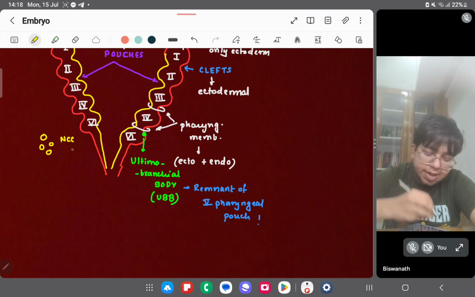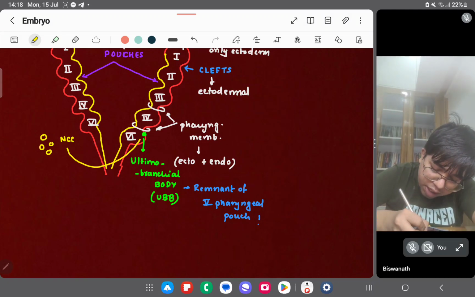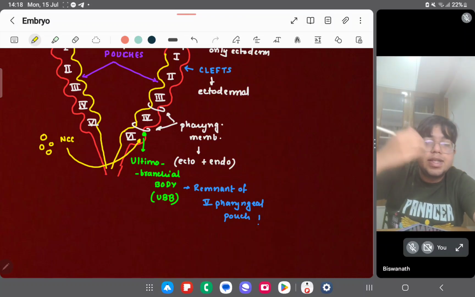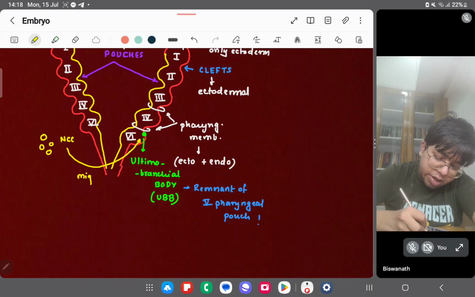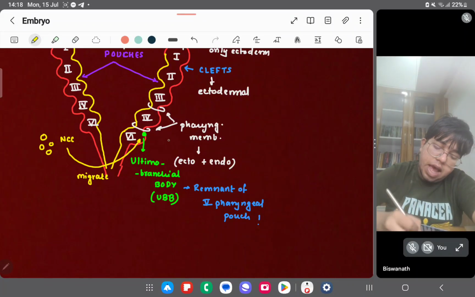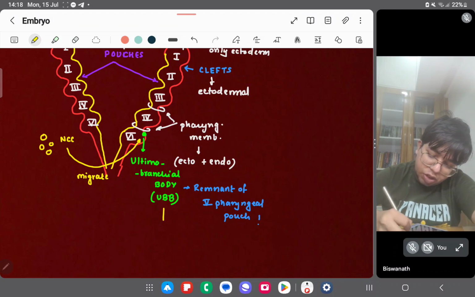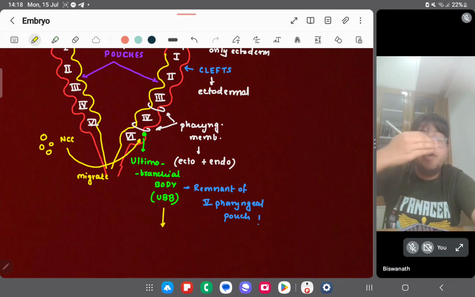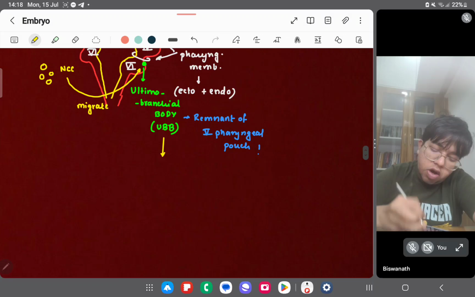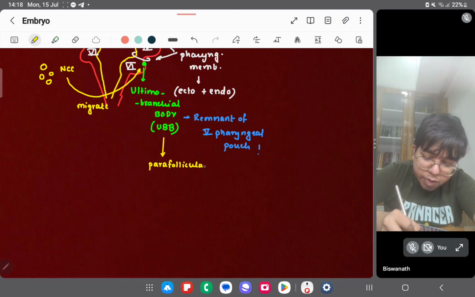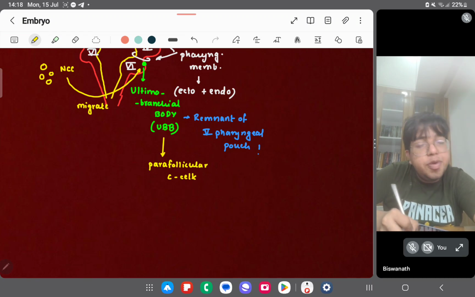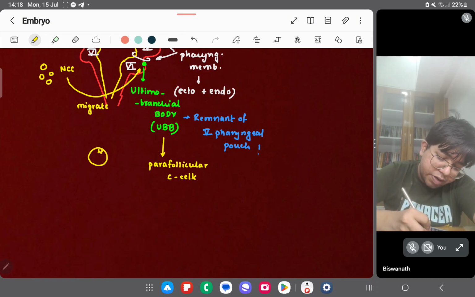These neural crest cells migrate to the ultimobranchial body, and this migration will give rise to a type of cells known as parafollicular C cells. I hope you know what parafollicular C cells are, like in the thyroid we have the follicles lined by cuboidal epithelium, and here also.